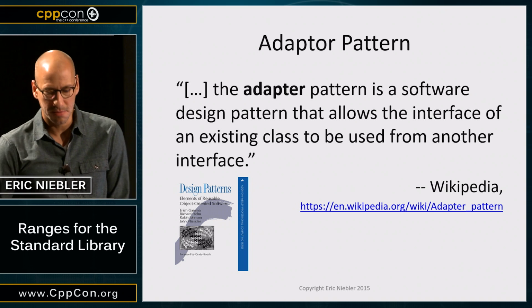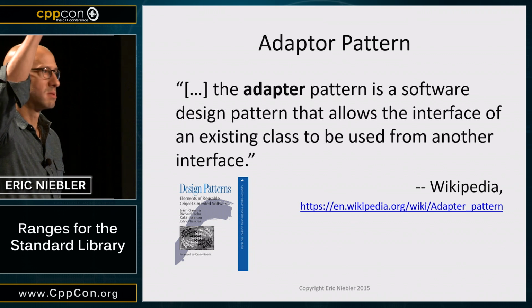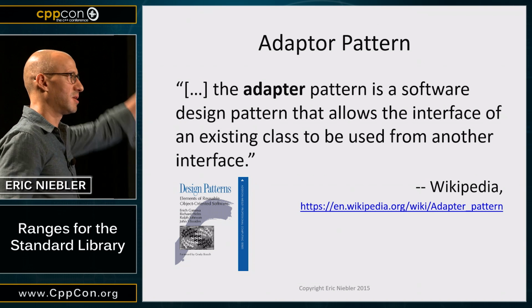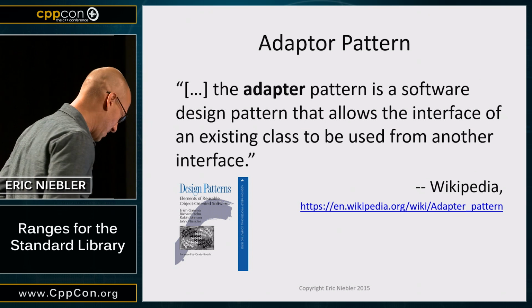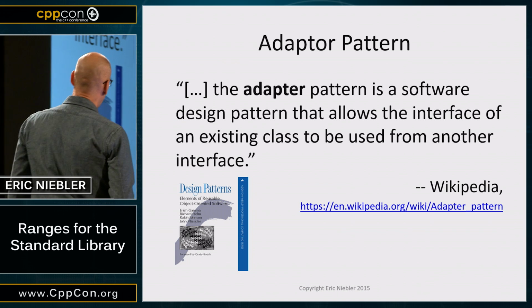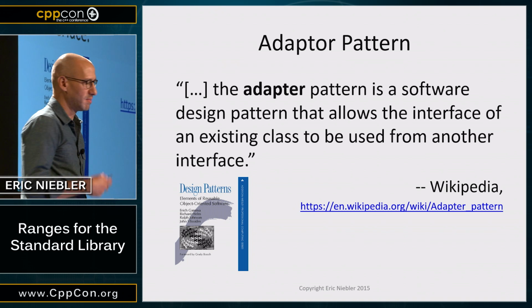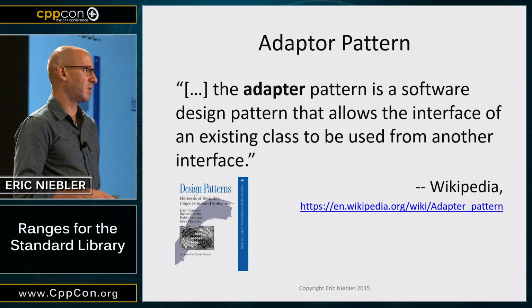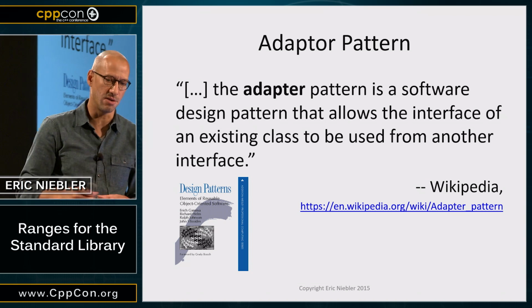So an adapter, right, who's read the Gang of Four? All right, who just has it sitting on their shelf unopened? Yeah, that's me. But adapter is a pattern. It's a design pattern. The Gang of Four restrict their adapter discussion to when you're adapting something with one interface to something with another interface.